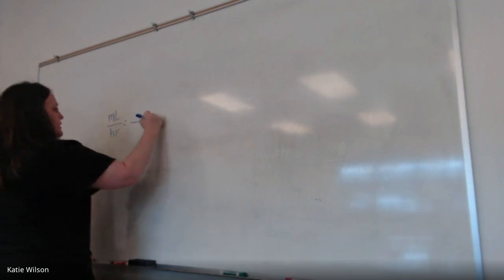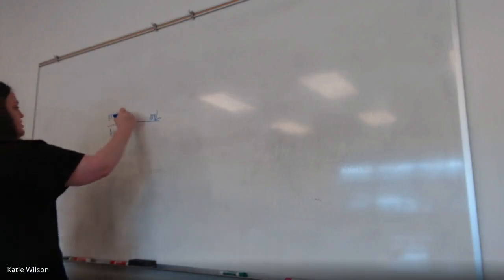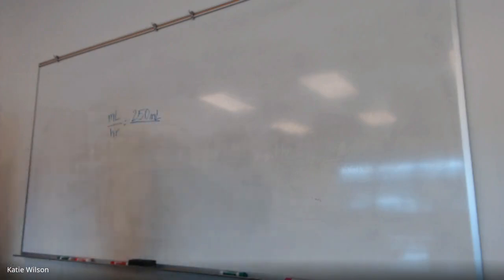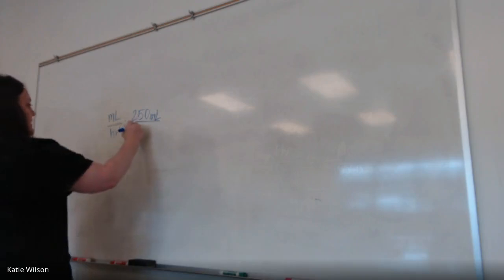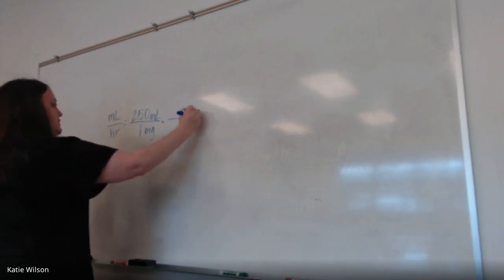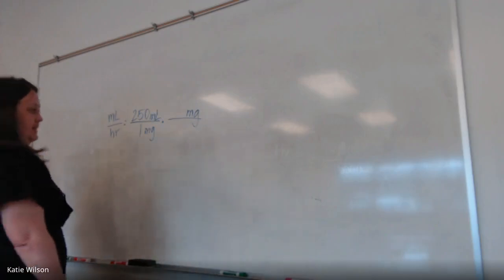So mils per hour, start with mils on top, and we know we have 250 mils. What's contained in that 250? A milligram of medication. I want to cancel out milligrams. What does it tell us about milligrams? It doesn't, but it tells us about micrograms. So what does that mean?